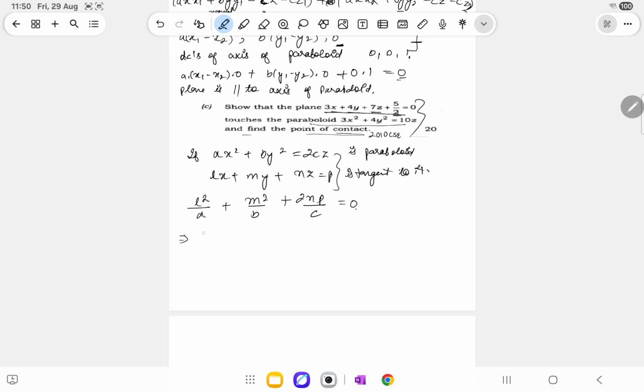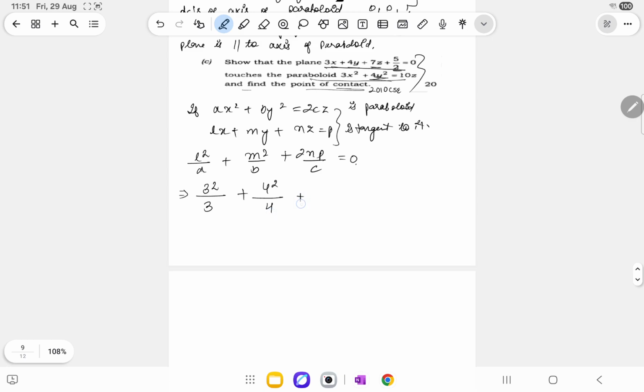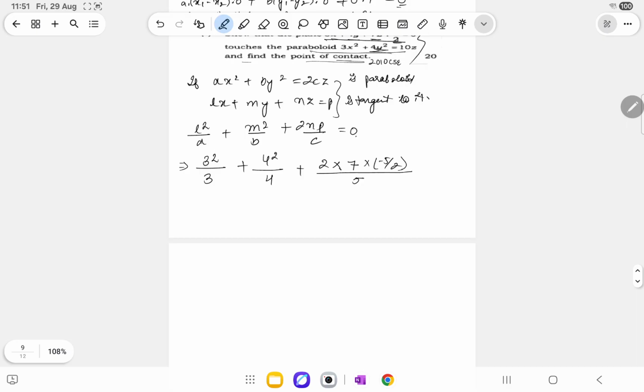If I do so, I'll get my l as 3, so 3 square by my a as also 3, plus m is 4, so 4 square by my b as also 4, plus 2 into n, which is 7, and my p is minus 5 by 2, divided by my c, which is basically 5. So if I simplify, that must be equal to 0.